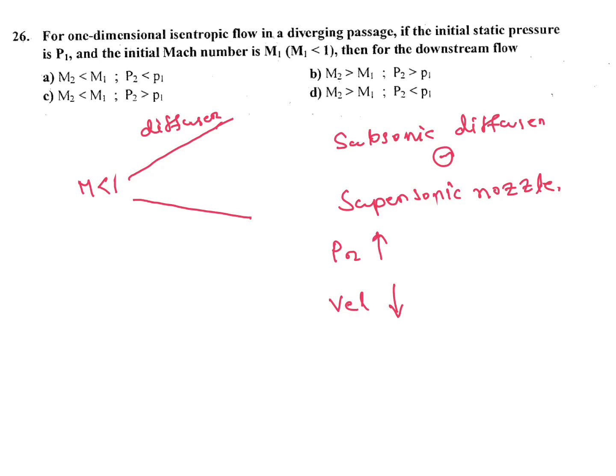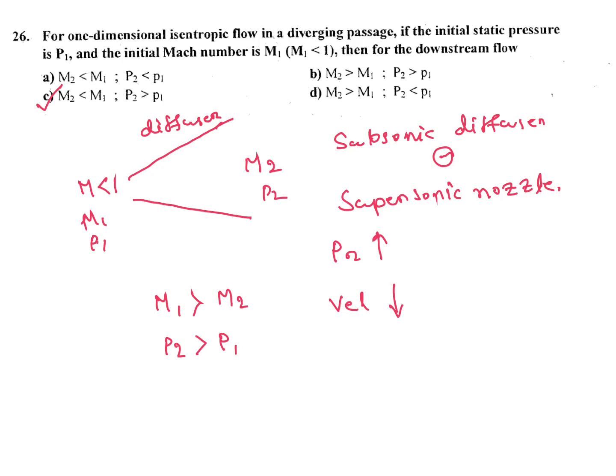Velocity decreases means inlet Mach number M1 is greater than M2. Here M1 and M2, P1, P2, and pressure increases means P2 is greater than P1. So option C is our answer.